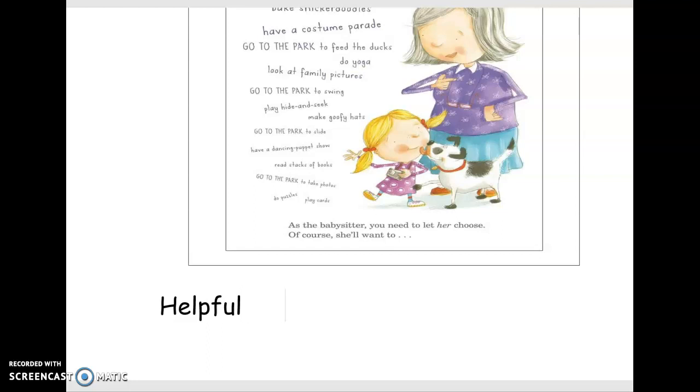I think she is very, what does that word say? Kind. So I think the grandma in this story, How to Babysit a Grandma, is both helpful and kind. Now you can have those 2 and you add 4 more, or you can add 6 of your own.